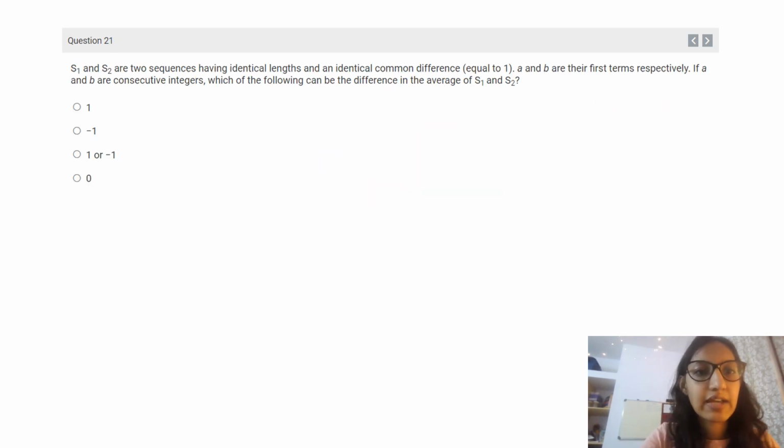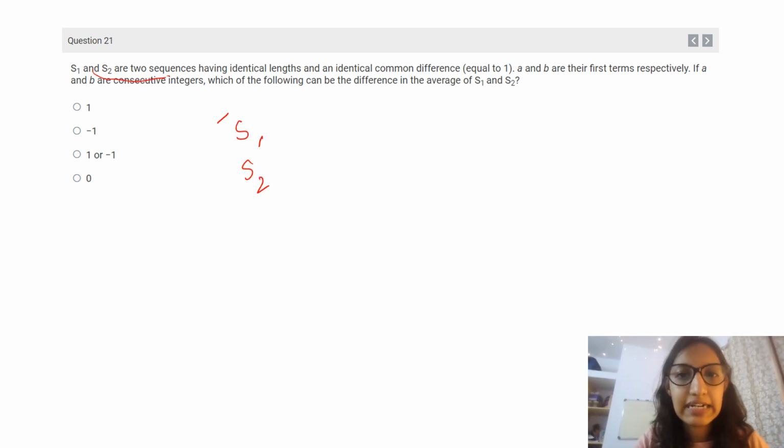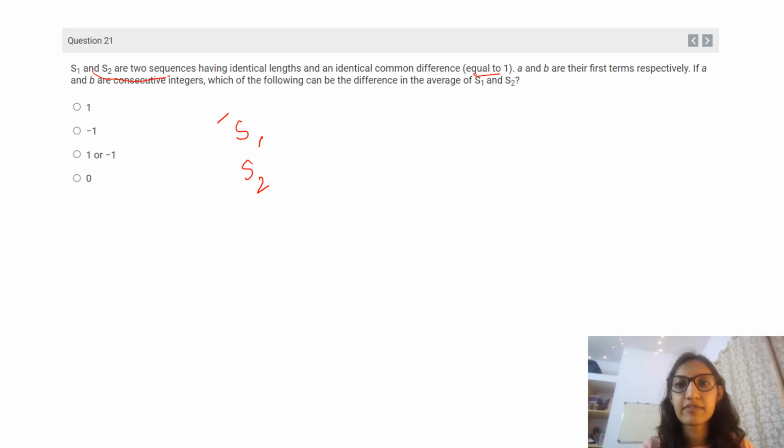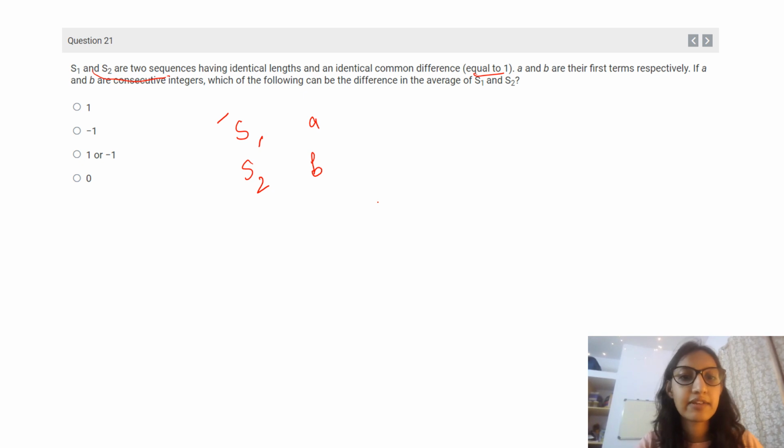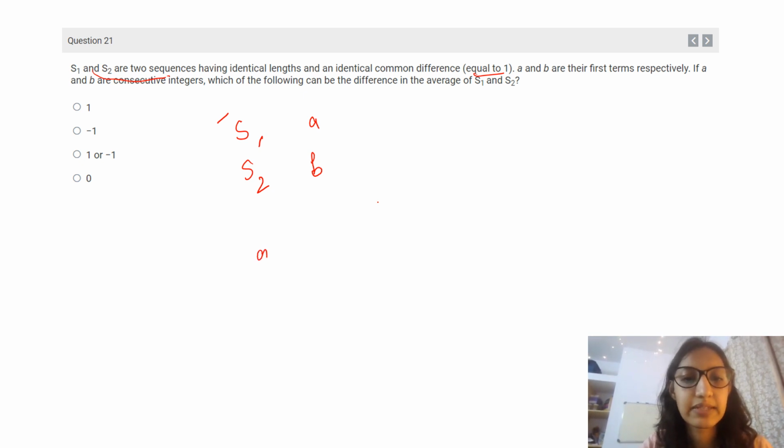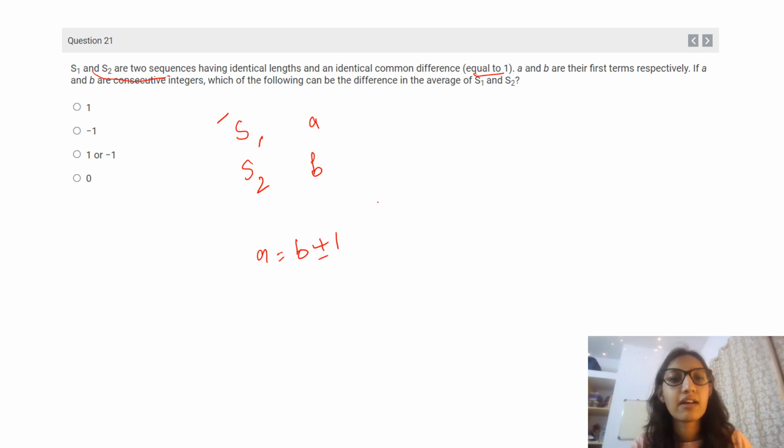For this question, we have two sequences S1 and S2, and they have identical lengths and identical common difference equal to 1. A and B are their first terms, and if A and B are consecutive integers, that means A is equal to B plus minus 1. Now we need to find the difference between the averages.